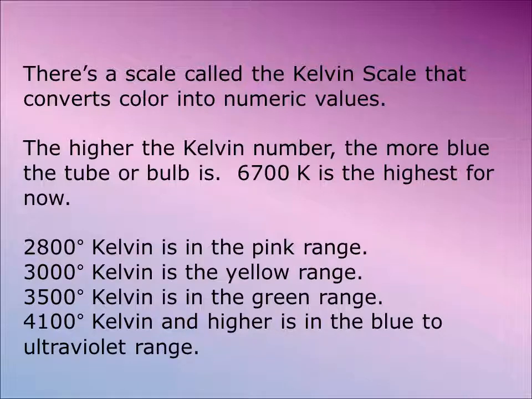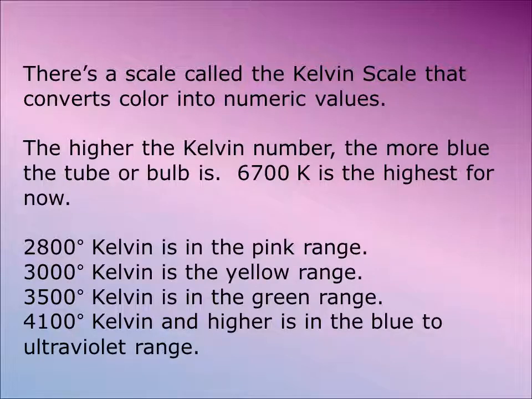Now these bulbs are like standing in the polar midday sun on, what's the solstice, June 21st. They are bright and they produce a lot of glare. So we want colors in the Kelvin range that are much lower than 6700.